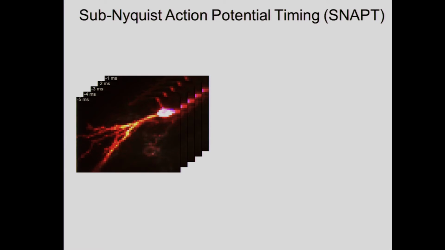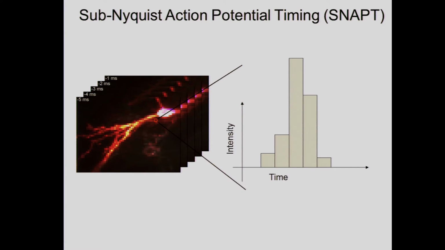We take a series of images of a neuron firing at 1,000 frames a second. And then for each pixel, you can plot the fluorescence as a function of time during the action potential. And so the fluorescence goes up and comes back down. And we're sampling this at discrete intervals corresponding to the individual exposures of the camera. And so we get this discretized map. But we know a lot about what the underlying waveform of the action potential looks like.